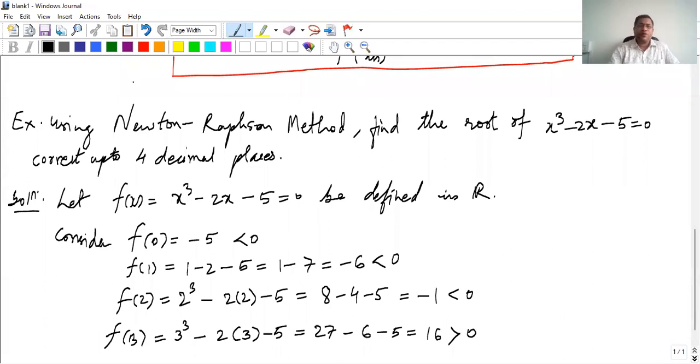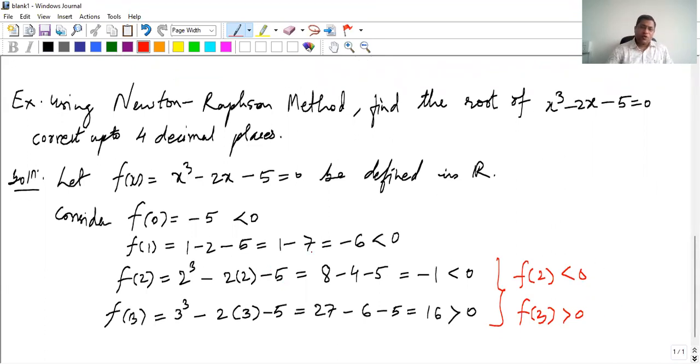So we got f of 2 less than 0 and f of 3 greater than 0. This means your function is negative at 2 and positive at 3. Hence the root is in the interval 2 to 3.